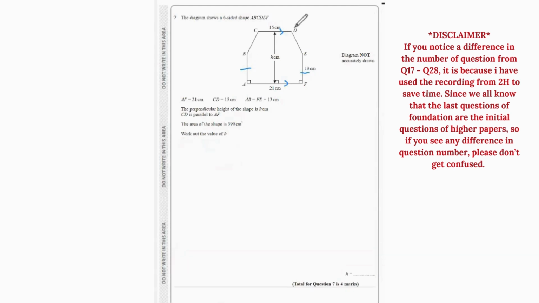So now if you look at this shape, if I split this shape into two different shapes, we can see that we have a trapezium at the top and we have a rectangle at the bottom. So 390 is basically equal to 13 times 21 plus the area of the trapezium, which is 1 over 2 times the height.